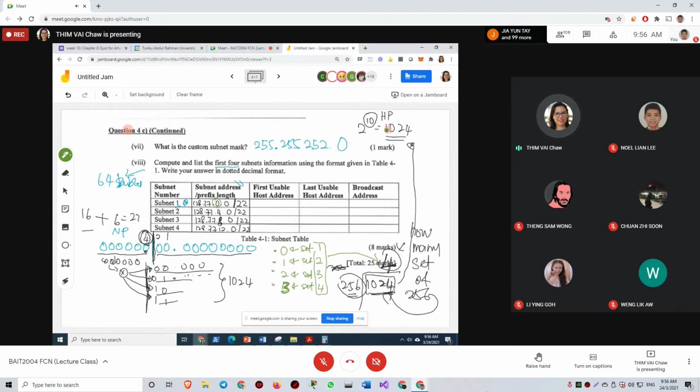Because your number of host addresses is very large, you cannot simply write something like 128.77.1024. No, we cannot have this kind of address, because 1024 is the total number of host addresses that you have. It's not the format of an IP address.